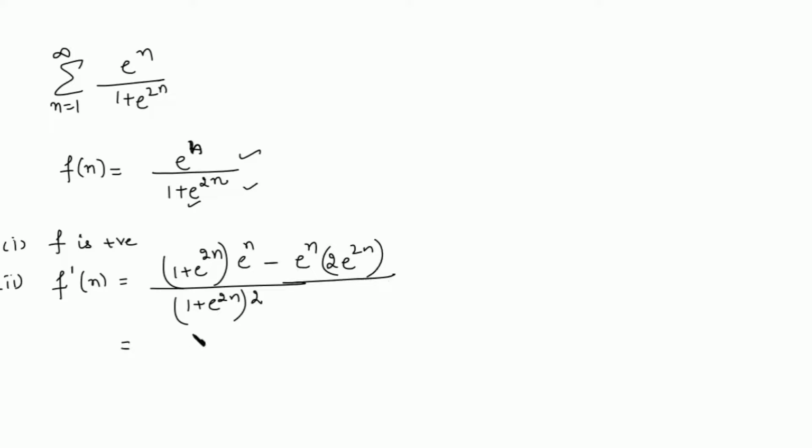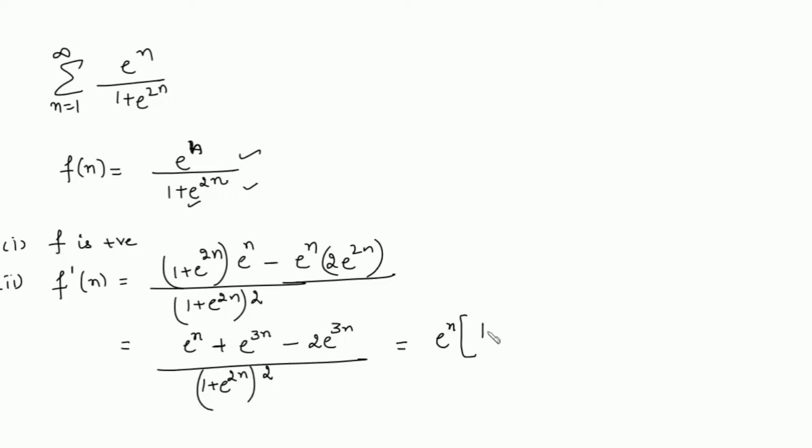So what you have is e to the power n plus e to the power 3n minus 2 times e to the power 3n, divided by 1 plus e to the power 2n whole square. So you can take e to the power n common: 1 minus e to the power 2n divided by 1 plus e to the power 2n whole square.